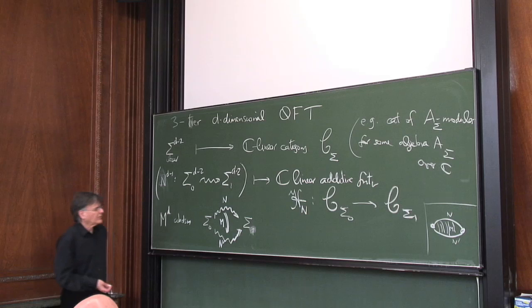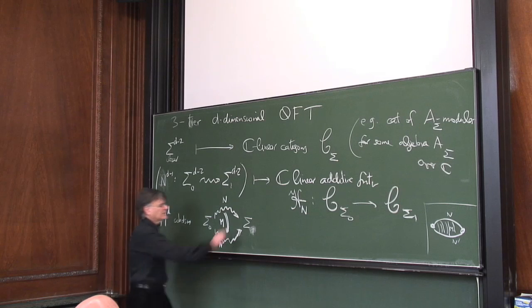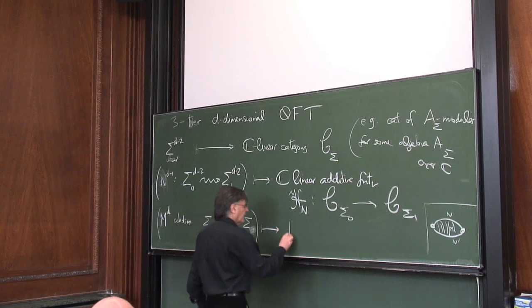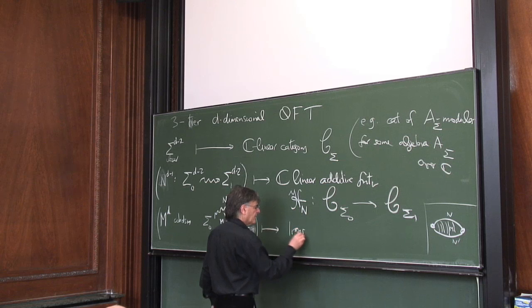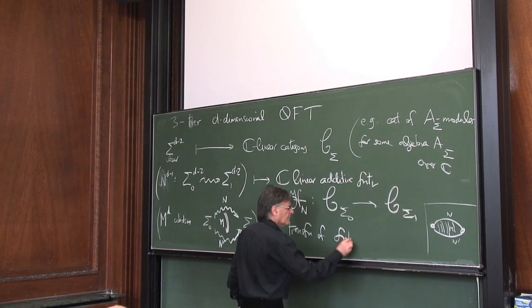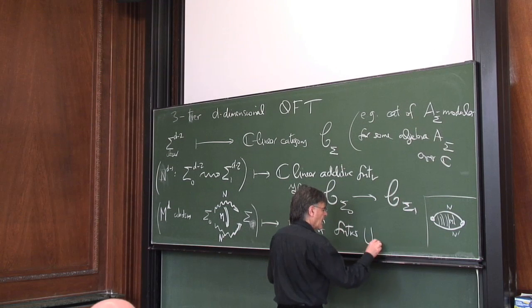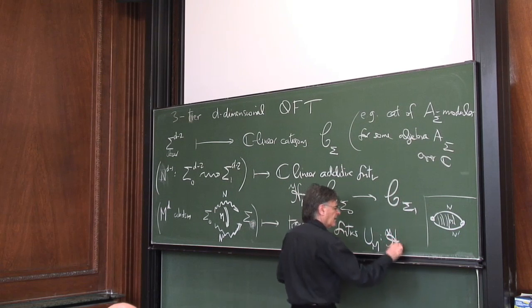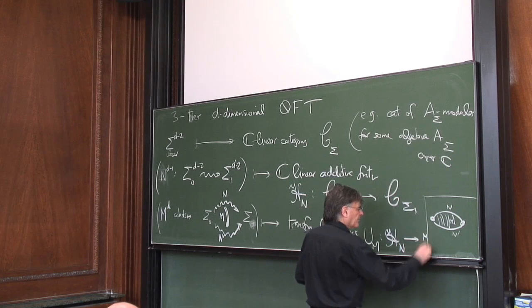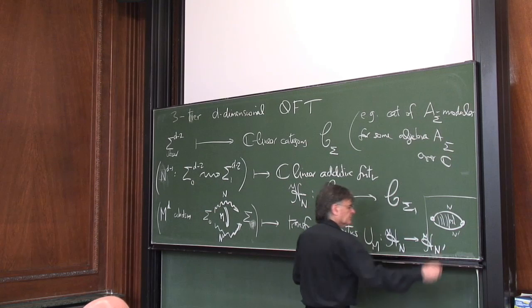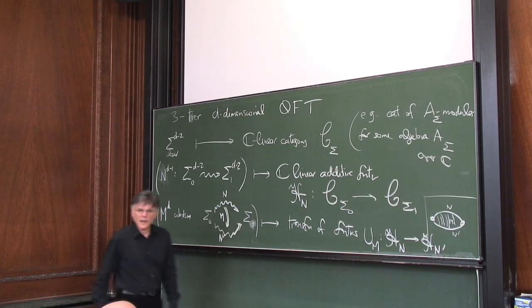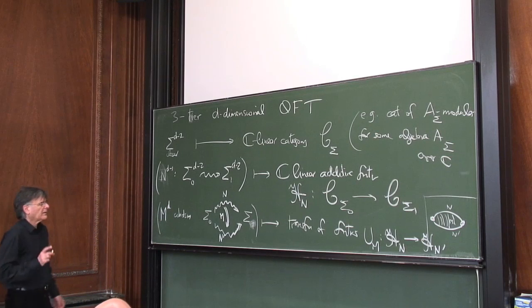So that's the picture you have in your mind. So in that situation, we get the transformation of functors, which I write from H_N to H_N prime. What do we expect if N is closed, so sigma is N? Yes, I'm about to say that.